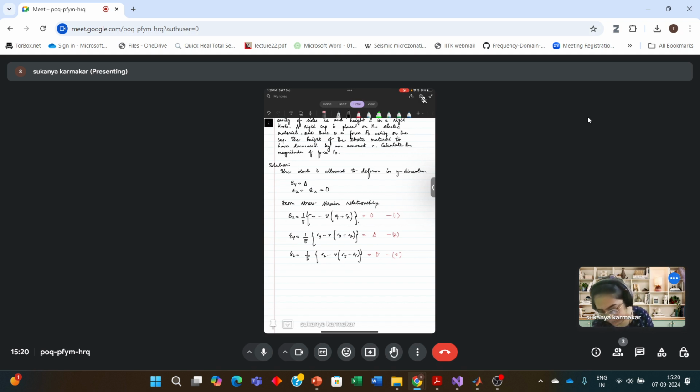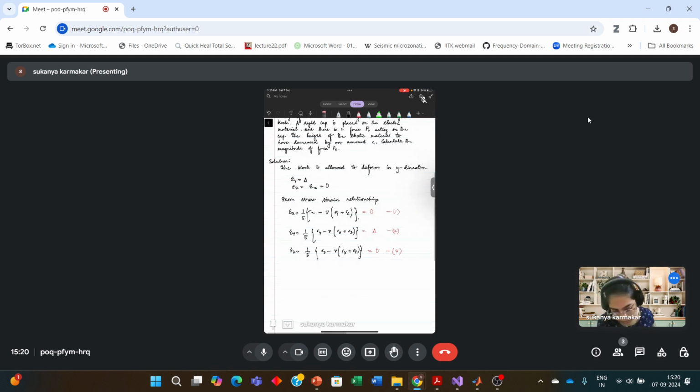We can write sigma x minus nu times sigma y minus nu times sigma z, this is from equation 1. And from equation 3, sigma z minus nu times sigma x minus nu times sigma y.